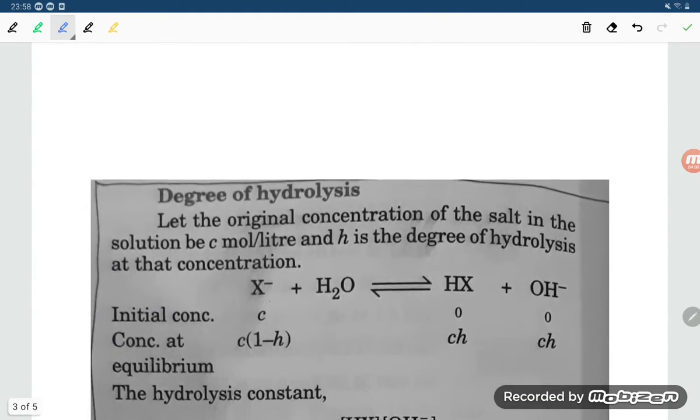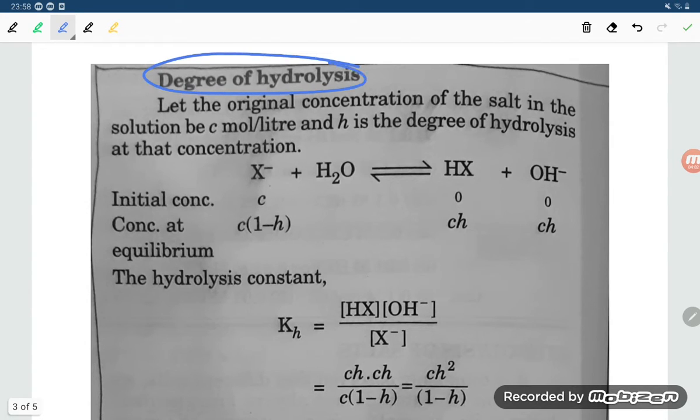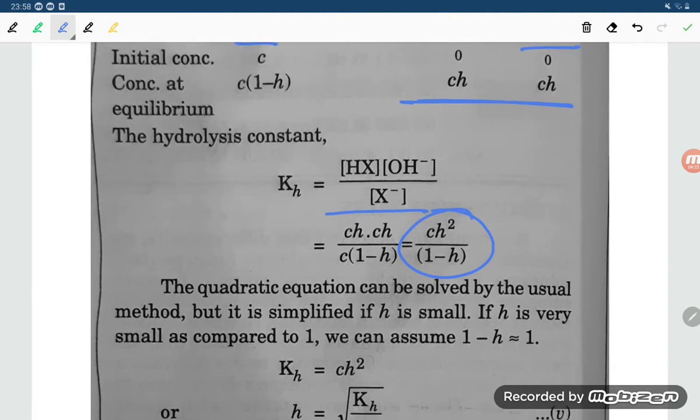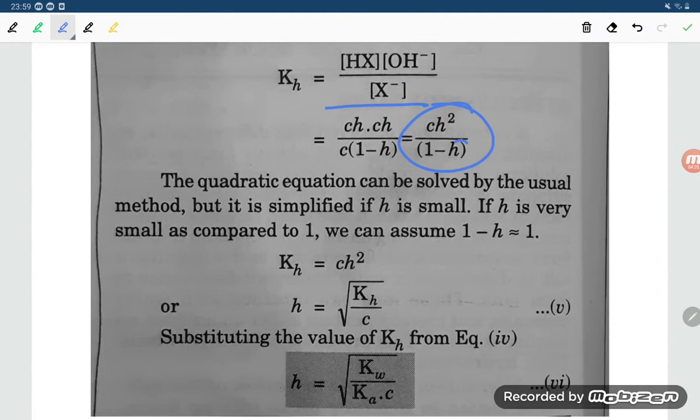Now, students, we have to understand the degree of hydrolysis. We are taking the same salt of a weak acid and strong base, where the anion X- is getting hydrolyzed. It gives the acid and OH-. So Kh is the product of molar concentrations of products upon the reactant, which gives Ch^2/(1 - h). Since h is very small, Kh = Ch^2.